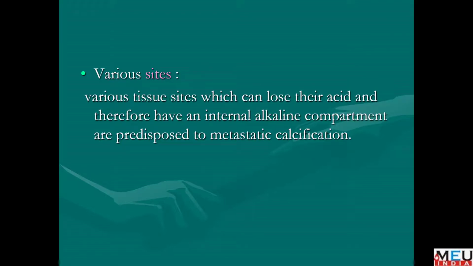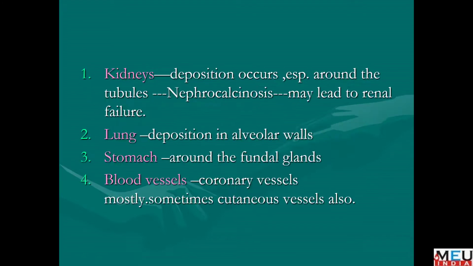The various sites which lose their acid and have an internal alkaline component are more predisposed to metastatic calcification. Like kidneys, there is deposition around the tubules leading to nephrocalcinosis, which may lead to renal failure.